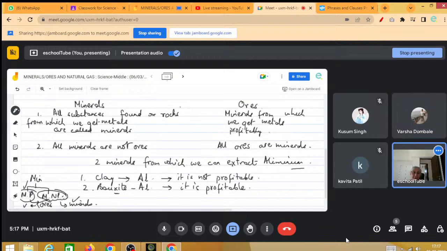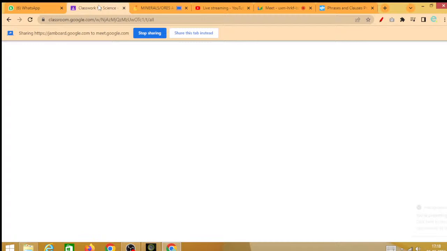Bauxite. Why? Because it is profitable. Understood, Anjali? Both are minerals, but bauxite is an ore. You can extract it easily from there.